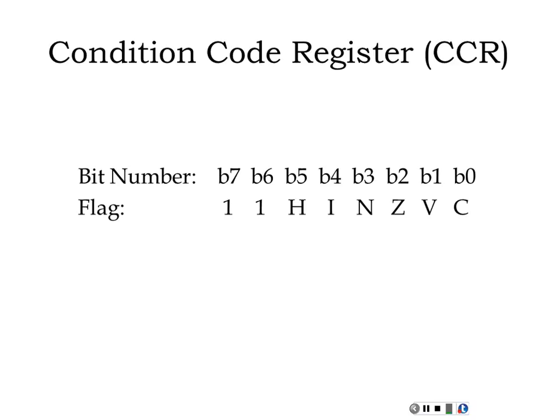condition code register has 8 bits, just like 1 byte, so you have 8 bits. Each bit in the condition code register represents a flag. Now what does it mean by flag? It means if something happens somewhere due to some reason, one of the flags will be raised. What do you mean by raised? It becomes 1, okay?